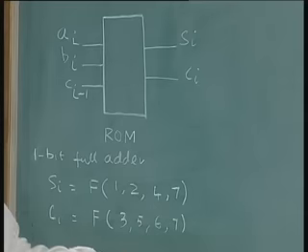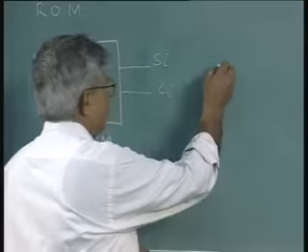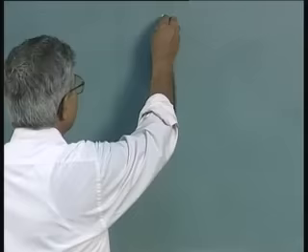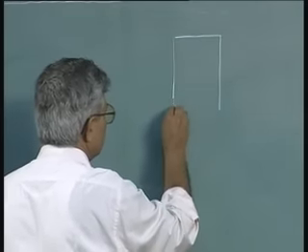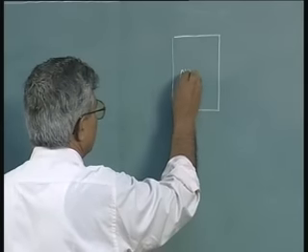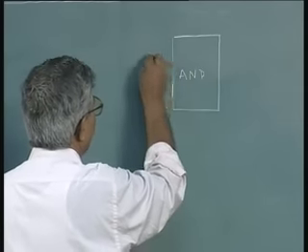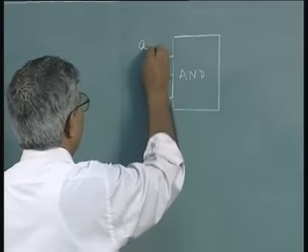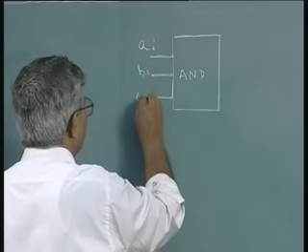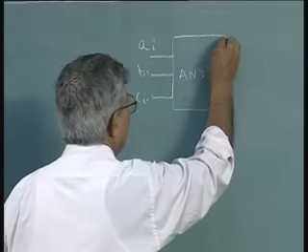So, basically it will consist of an AND array in which the inputs will be A I, B I, C I minus 1.